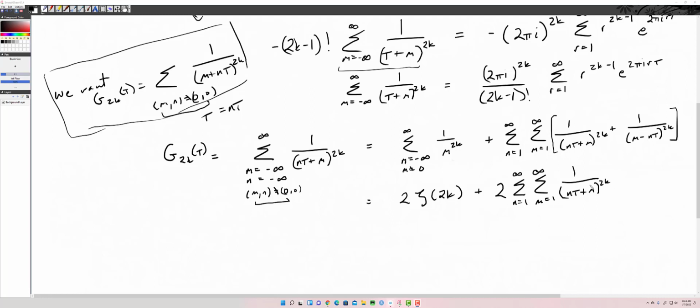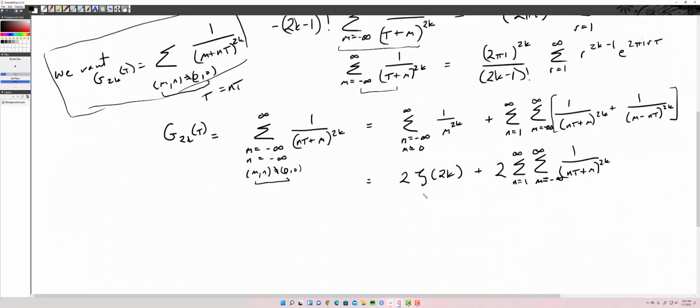So we now have something, oops, did I mess this up? I think I did. M here is supposed to be minus infinity, I believe. Yeah. There we go. That makes sense. So now we have something that kind of looks like this here. Okay. Where we're replacing tau with n tau. Okay. So we rewrite our zeta here.